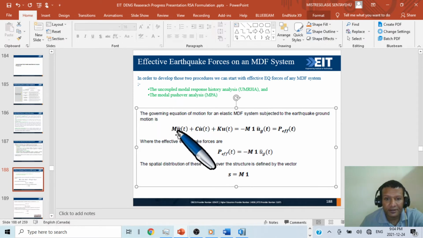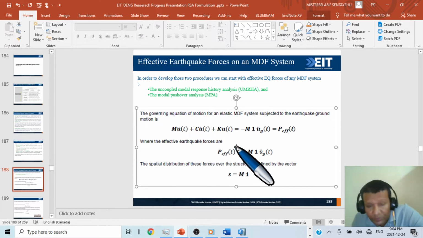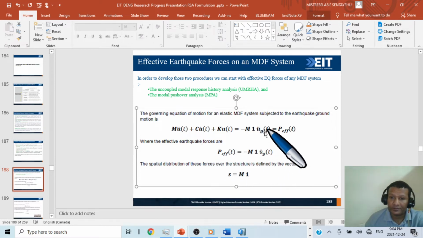So we have here m u double dot, c u dot, plus k u: damping, stiffness and inertial parts. This is equal to minus m, this is 1, u_g double dot, this is P effective total. So the effective earthquake force is equal to this one.